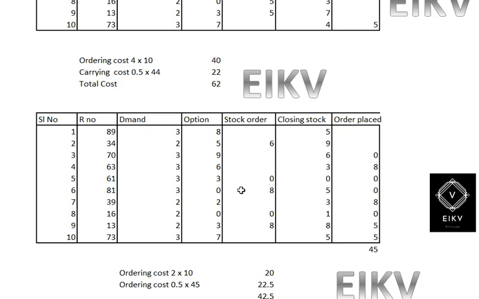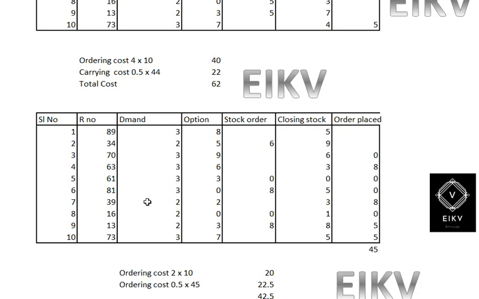On the same day 8 quantity of the books will arrive. The delivery of 8 books, for which the order was made on the previous day, has been delivered, and on the same day we have 3 demand. Therefore 8 minus 3 will give you the closing stock as 5.